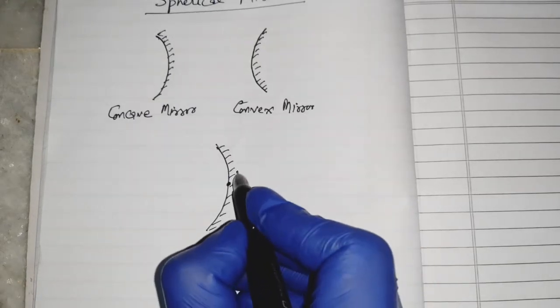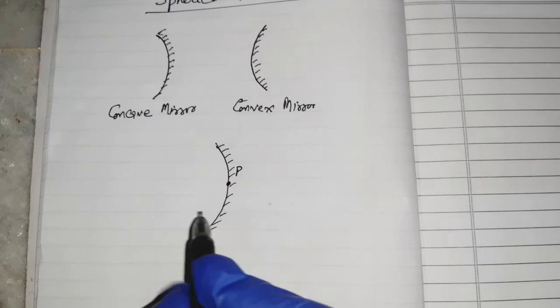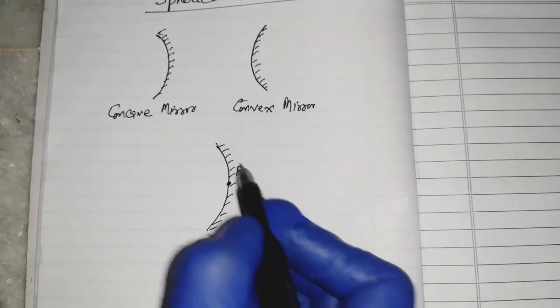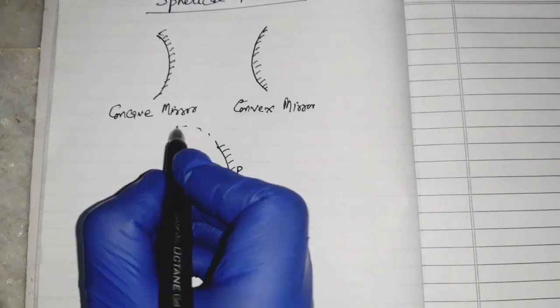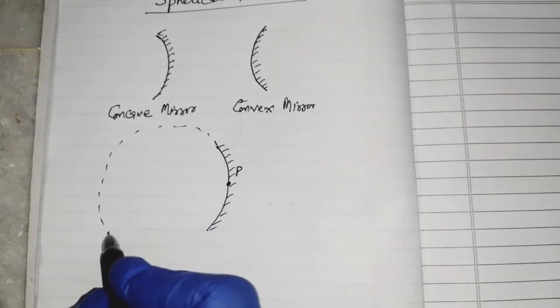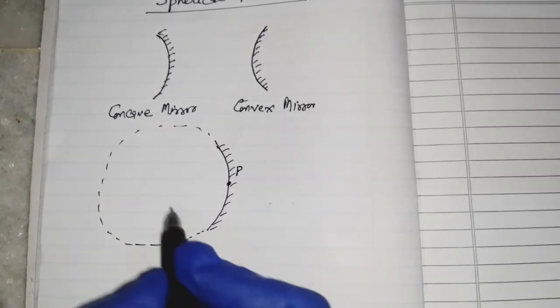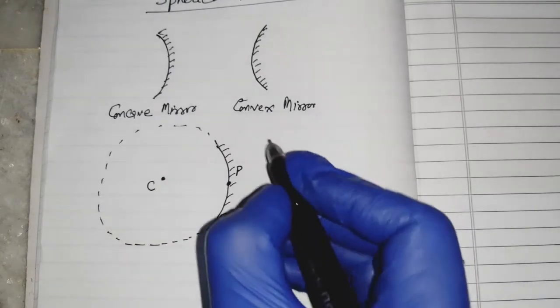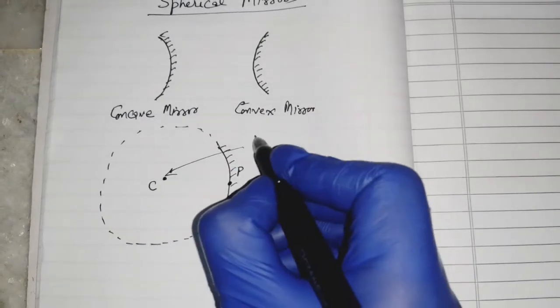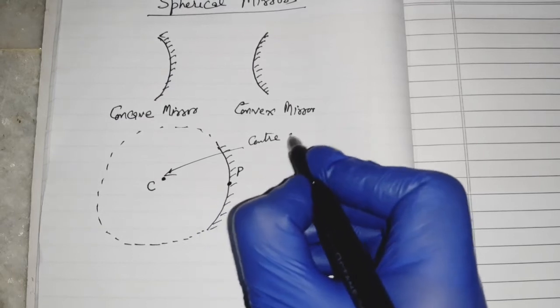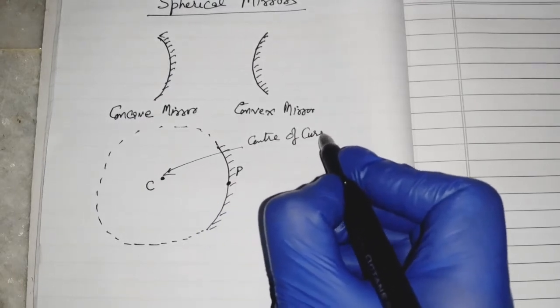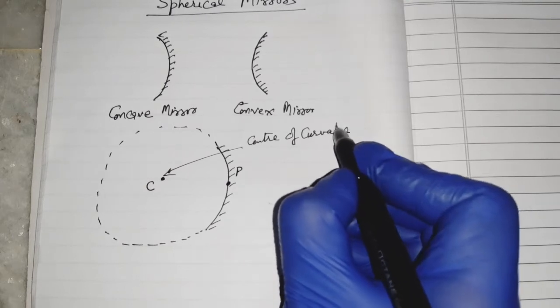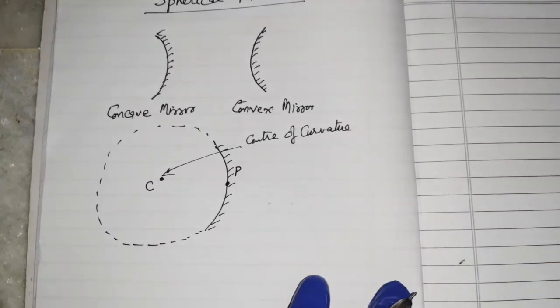Here P represents the pole. The mirror must be a part of a sphere, and the sphere has center C. This C is called the center of curvature. Let me repeat it.